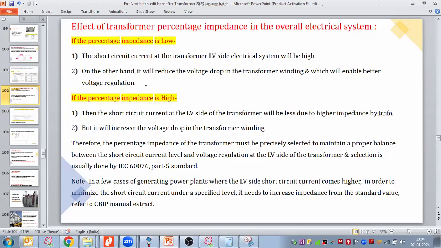On the other hand, it will reduce the voltage drop in the transformer winding, which will enable better voltage regulation. If in case we have a higher percentage impedance, then the short circuit current at the LV side of the transformer will be less.